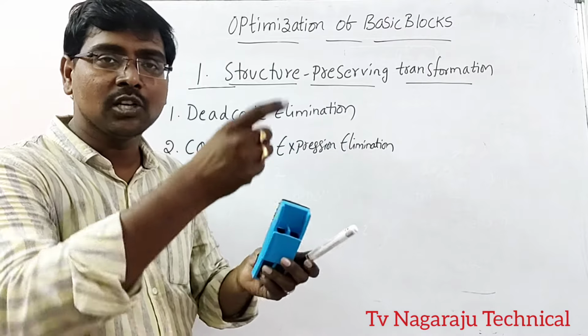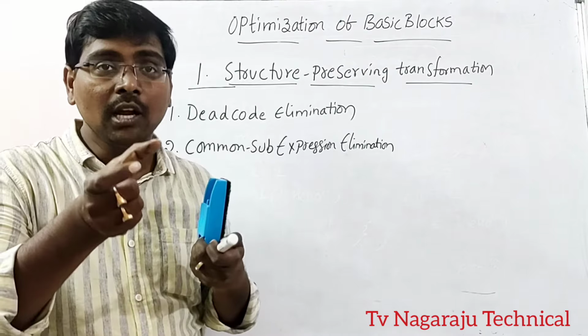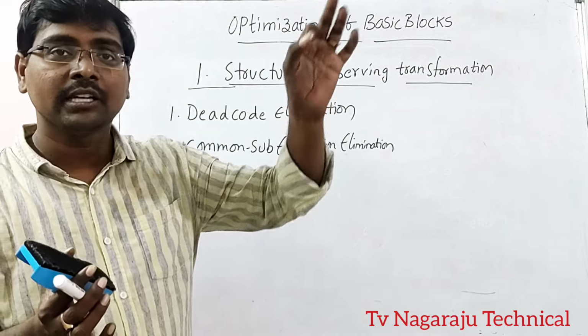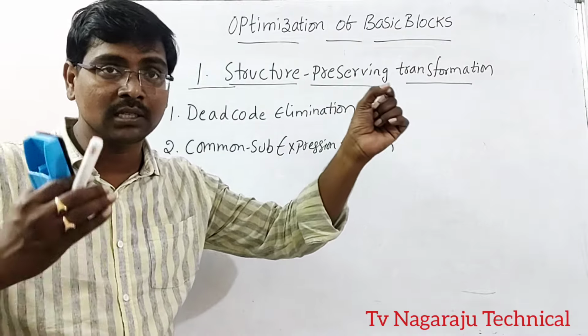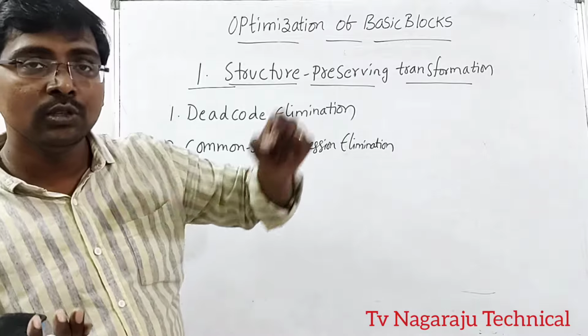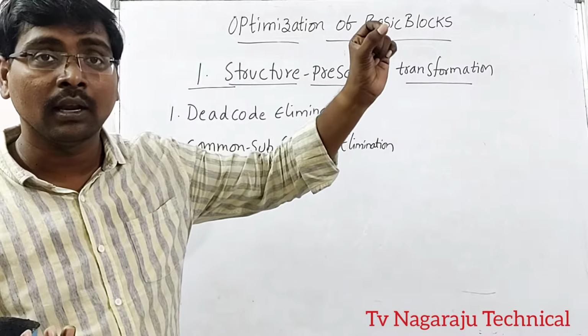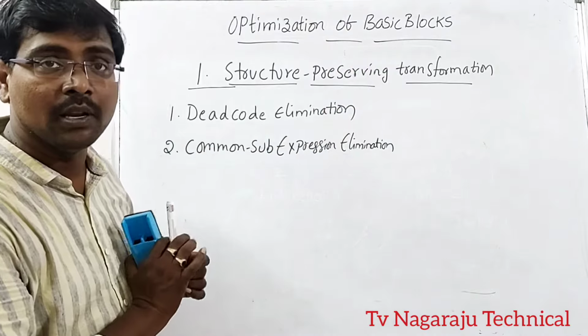Suppose the expression comes one more time, generally instead of recomputing, the expression was already calculated and the result is stored at some place. Instead of recomputing, I use the already existing one. That is common subexpression elimination.